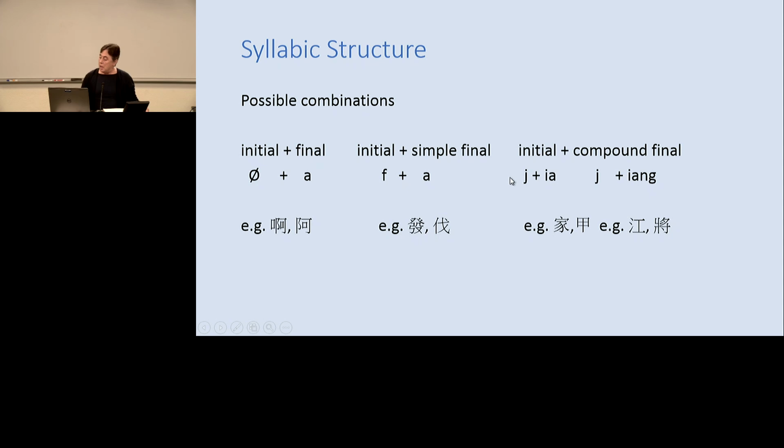Okay. We can have an initial with a compound final. And remember, there are 2 different possibilities for compound finals. We could have a vowel-vowel combination. And in this case, it's i plus a, ya. We can add the initial, which in this case is j. So j, ya, jia.